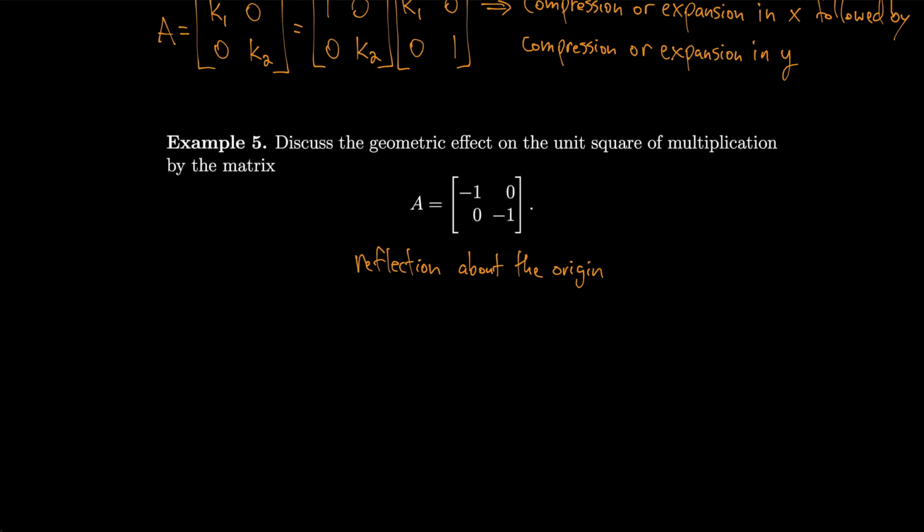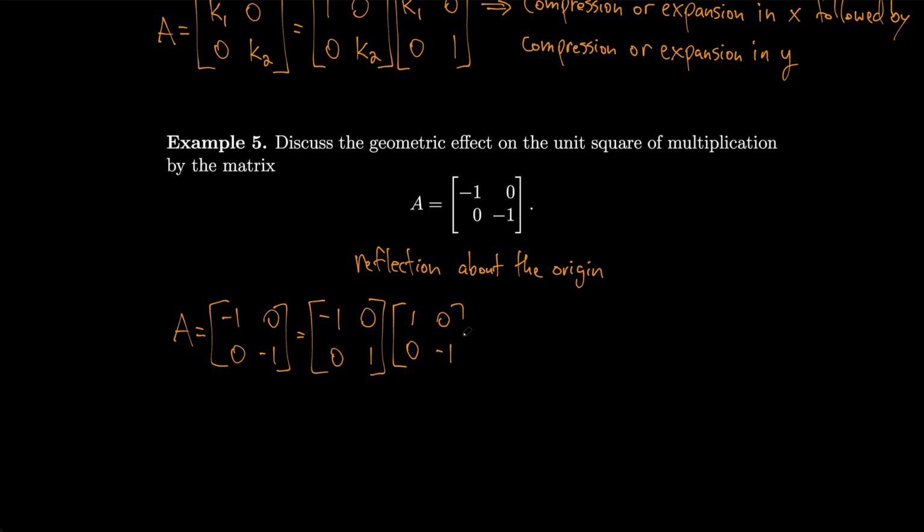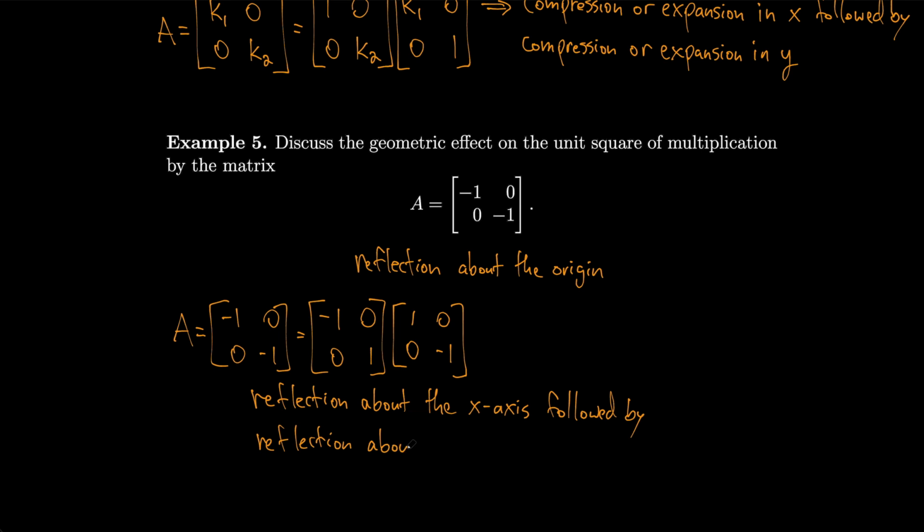But by separating A out, so it's minus 1, 0, 0, minus 1 into minus 1, 0, 0, 1 times 1, 0, 0, minus 1, then you can see it's actually also a reflection about the x-axis followed by a reflection about the y-axis.